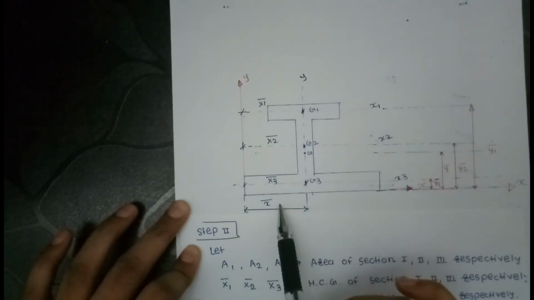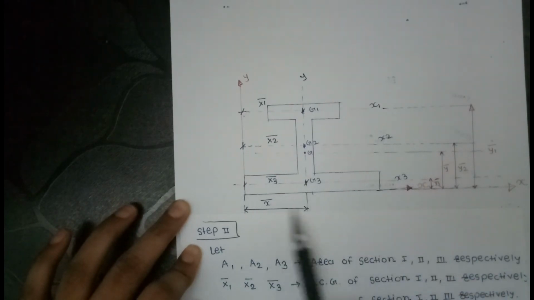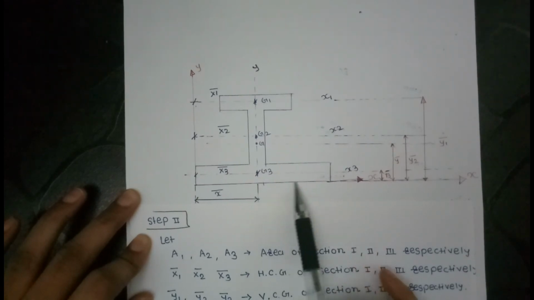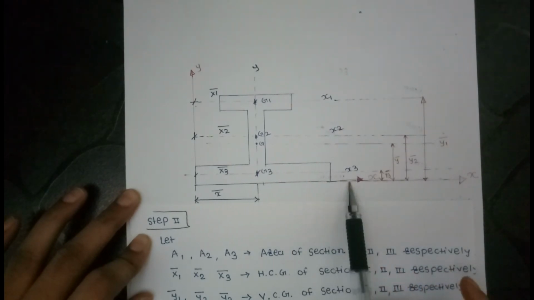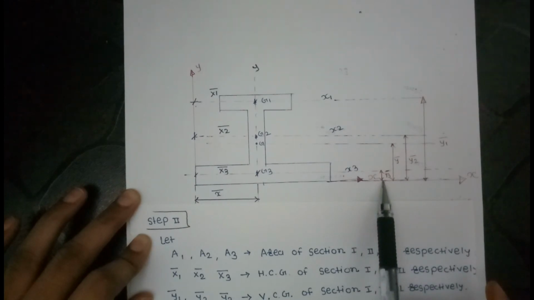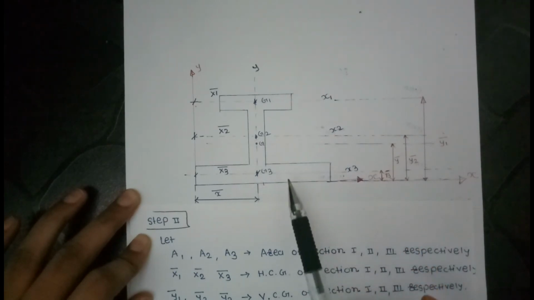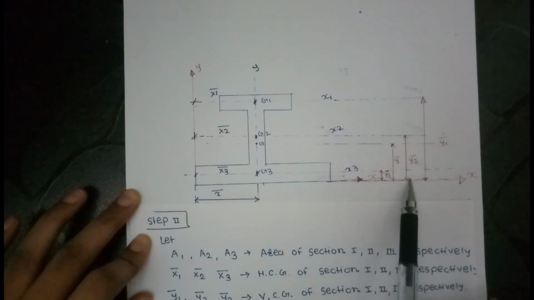All these are known as horizontal centroidal distances. The distance between point G3 and the base of the x-axis is y3 bar. The distance between point G2 and the base of the x-axis is y2 bar.